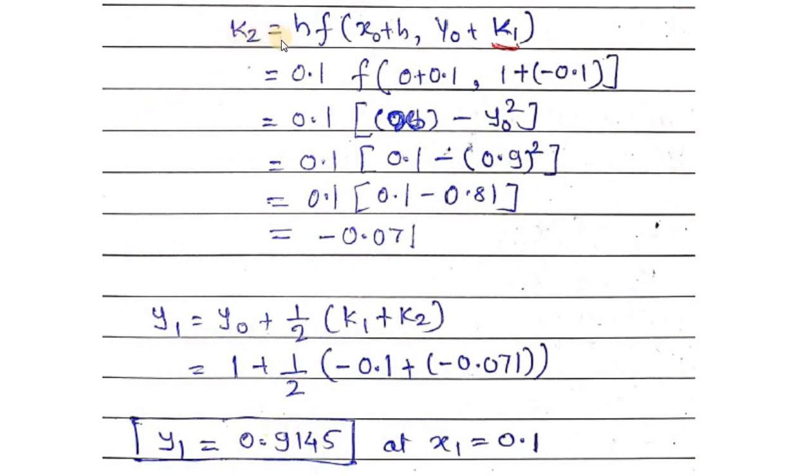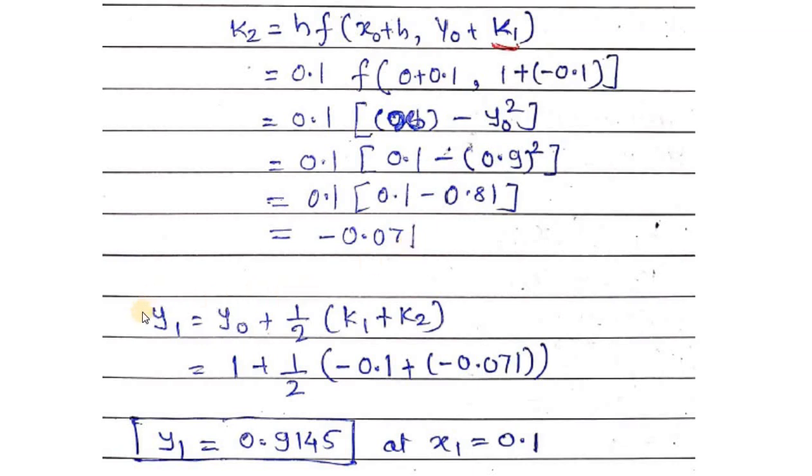Similarly, k2 equal to h into f of x0 plus h and y0 plus k1. So replacing x0 by x0 plus h and y0 by y0 plus k1 and putting the values in the function x0 minus y0 square, we will get k2 value equal to minus 0.071.